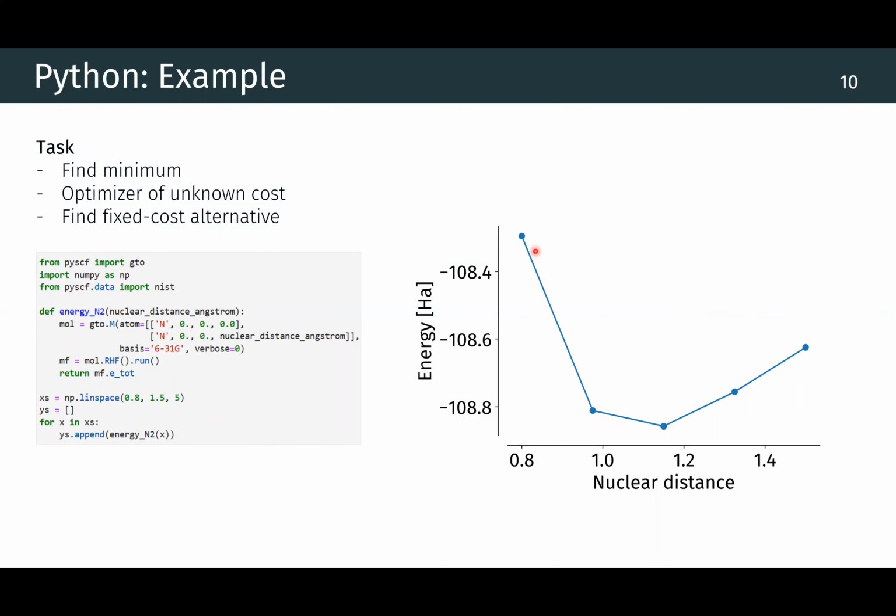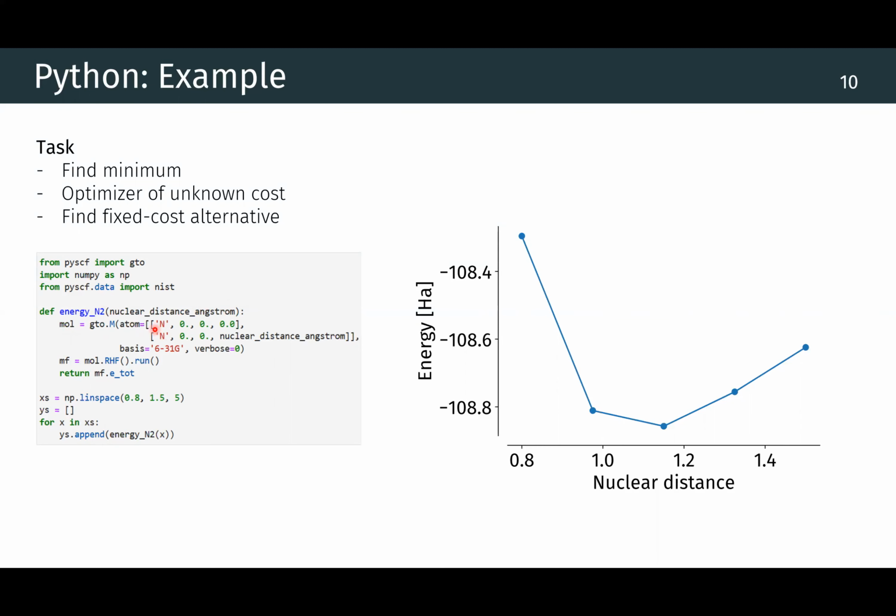So what if we look at those 5 points? So this is what we do here. So we have PySCF, the code that you've seen in the other lectures as well. We have this one function that calculates the energy of N2 if we have a fixed bond distance.